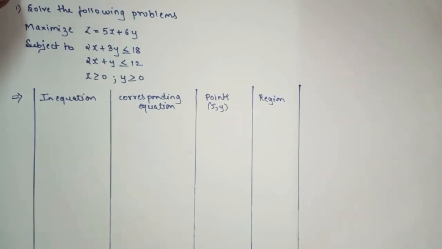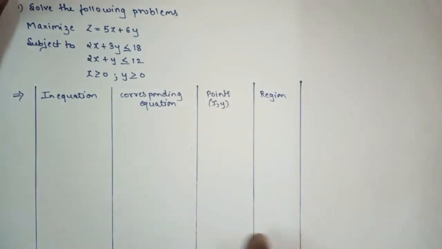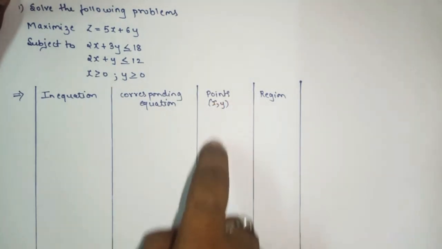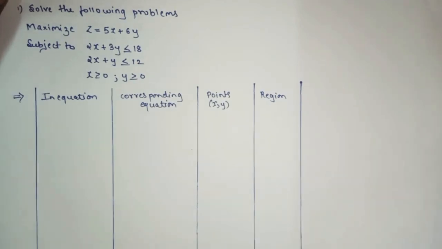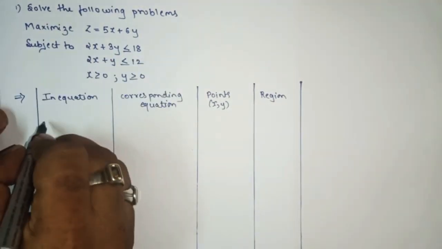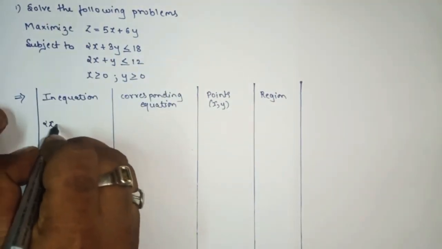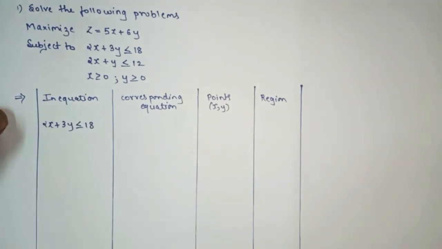Now the step number 1 for this type of sum will be what? You will draw a table in which, in the first column, you will write the inequation, in the second the corresponding equation, in the third the point, and in the last the region. Now the first one: the first inequation is 2x plus 3y less than or equal to 18.